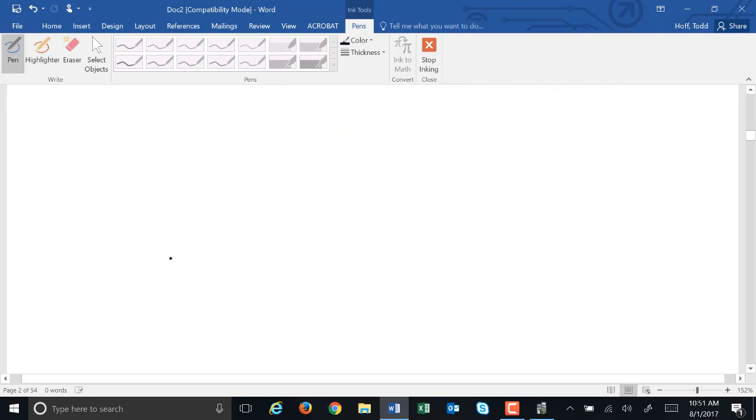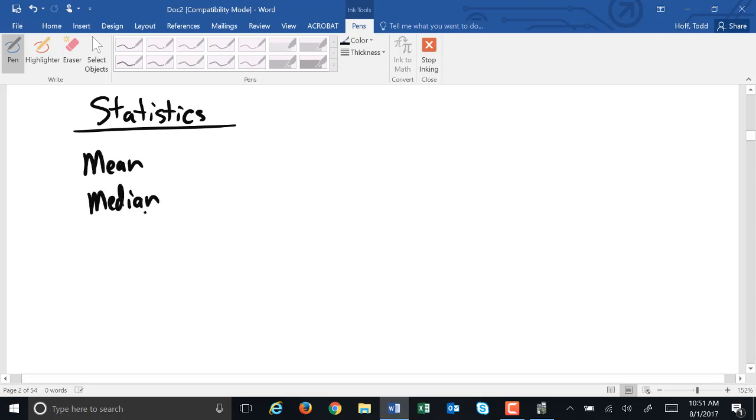And then it is time to talk about statistics. From the statistics, you will need to know how to find a mean, a median, and a mode. You will need to know how to find a range.